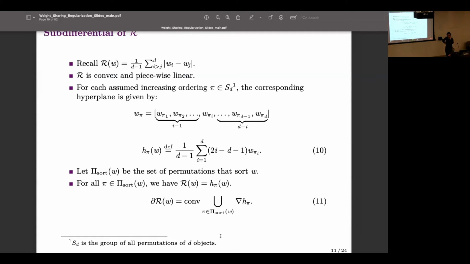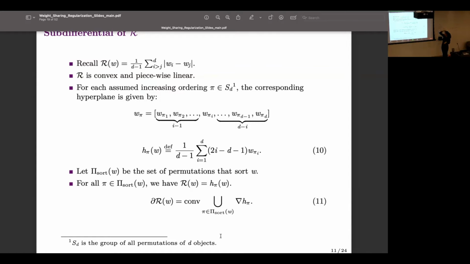Because here pi depends on W, if I don't want to worry about which pi corresponds to which W, I can just write it as the max over all pi of these H pi of W, right? Every pi gives a plane. Yeah, that's right. This is good to deepen the understanding.